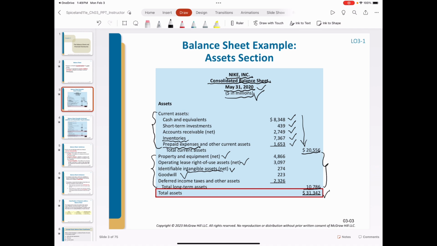The next one is deferred income tax and other assets, which will be introduced later in this course. This page reports the total economic resources owned or controlled by Nike on May 31st, 2020.